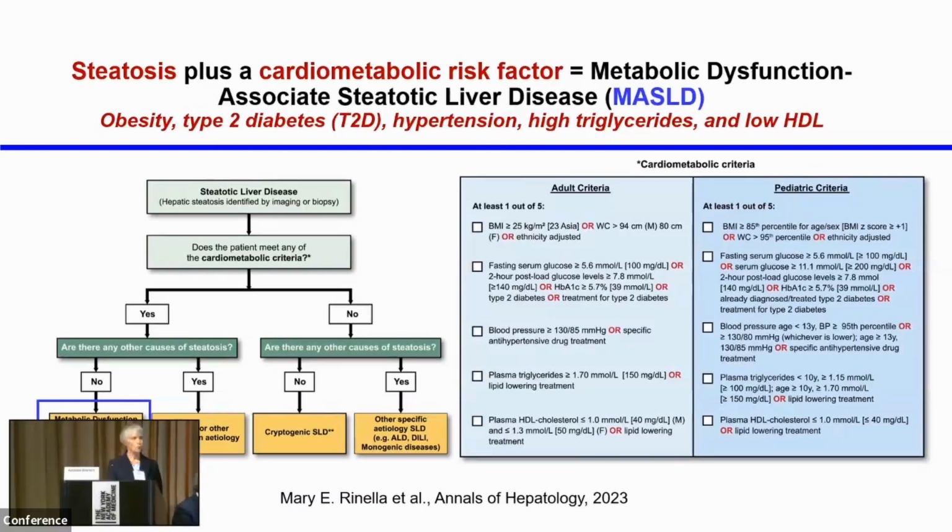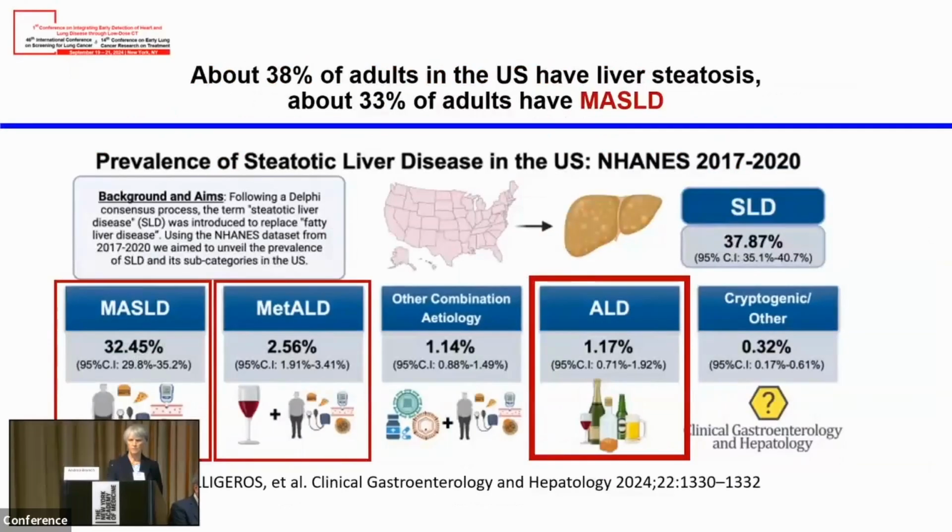At the right side, you have the particular cardiometabolic risk factors of obesity, type 2 diabetes, hypertension, high triglycerides, and low HDL. So if you have steatosis and one of those, you have MASLD if you have no other risk factor for liver disease to explain the findings.